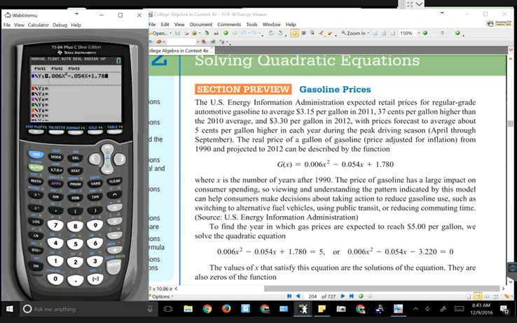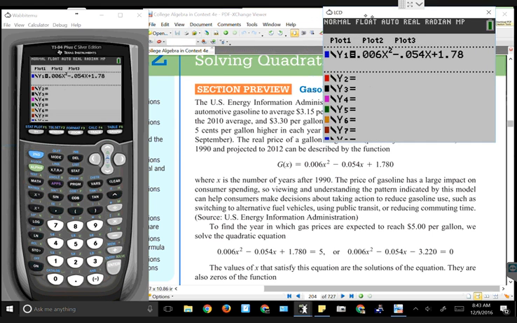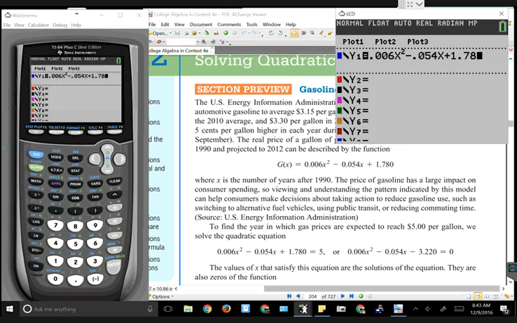Okay. Now, did I do anything spectacularly difficult? No. I popped it into the graphing calculator just to see what I was going to get. Have I done anything else yet to it? Well, we've got x. What does x represent? Is it talking about, is x gas prices? Is x time?